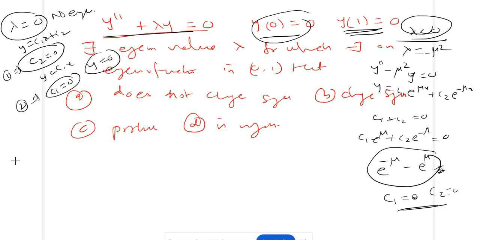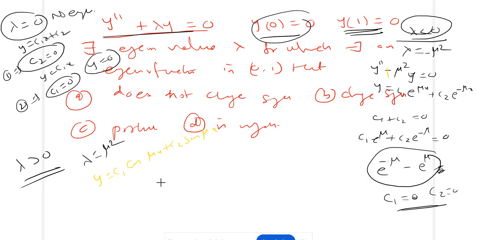Finally, for lambda greater than 0, we take lambda equal to mu square. Then we get plus mu square here, so obviously we get complex roots. With complex roots, y equal to c1 cos mu x plus c2 sin mu x.